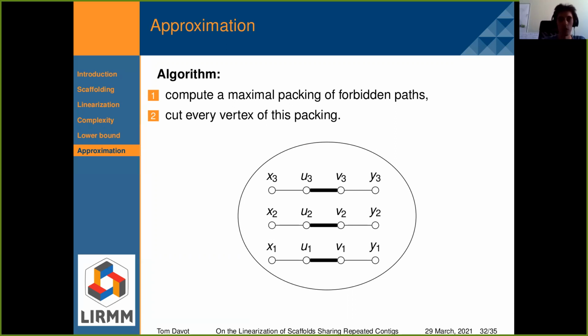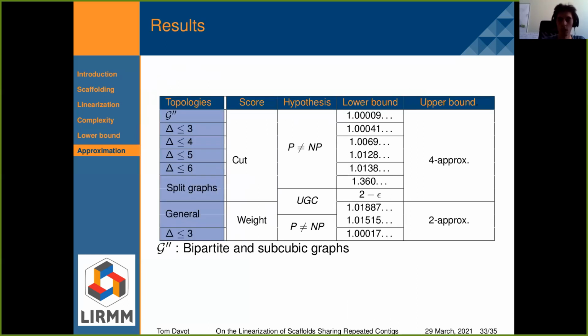So that's it for the approximation algorithm. This table summarizes the results on the complexity we have for the sum-orbital cut. We explore different parameters like the maximal degree.